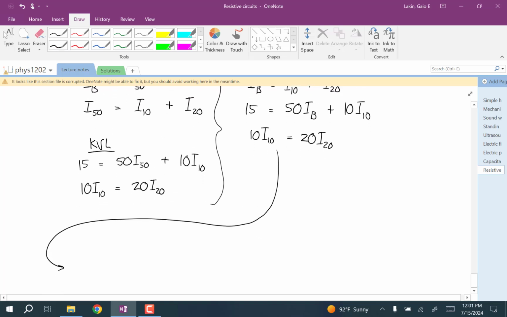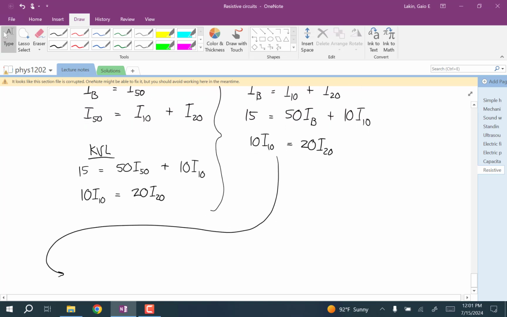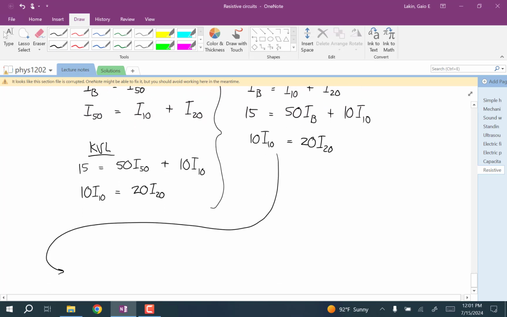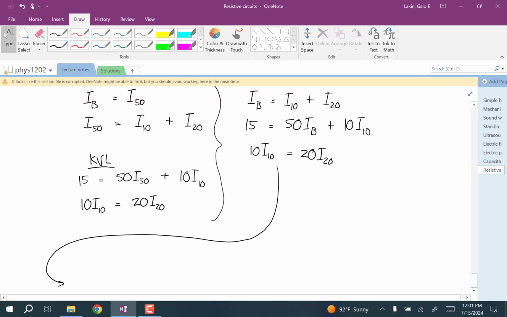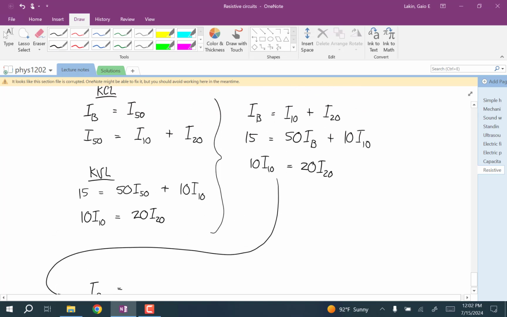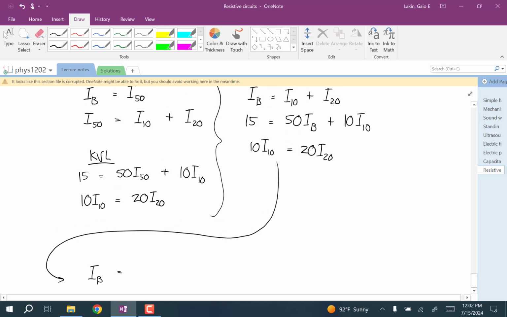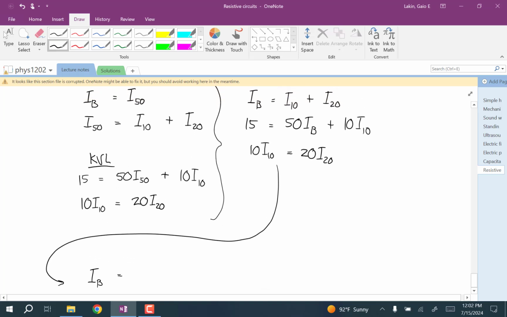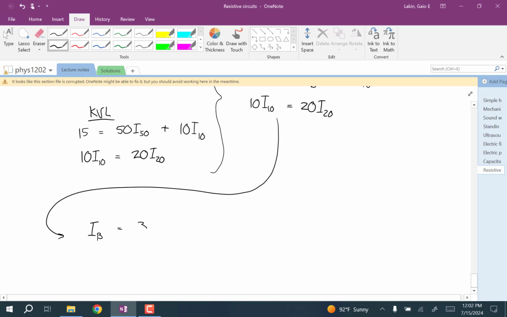Each time I do this, I should be getting rid of one equation. And so this says IB is equal to 2 I20 plus I20, so 3 I20.